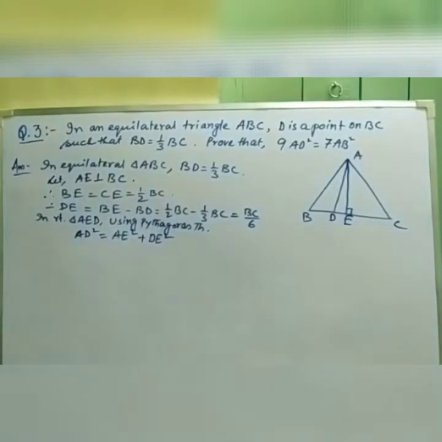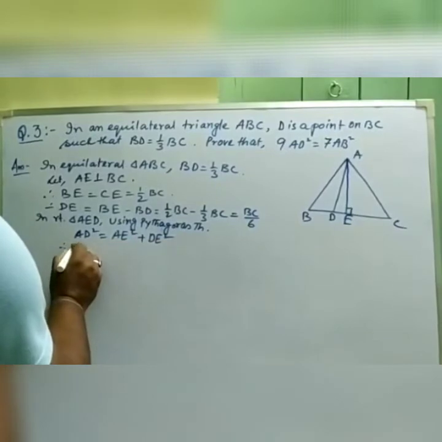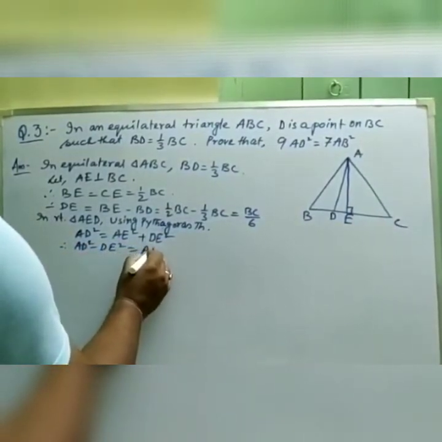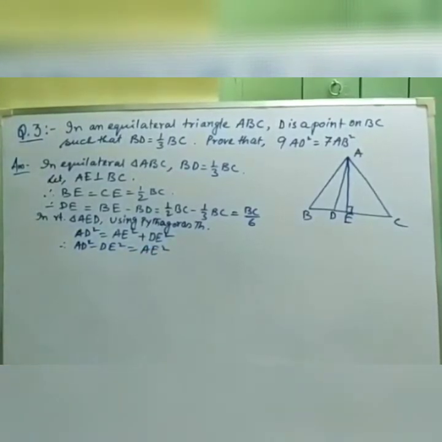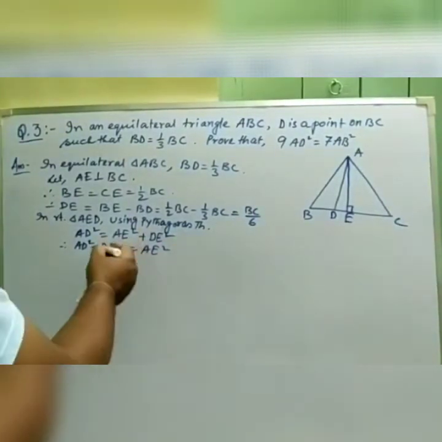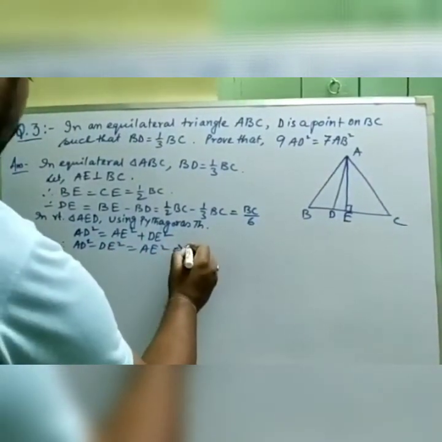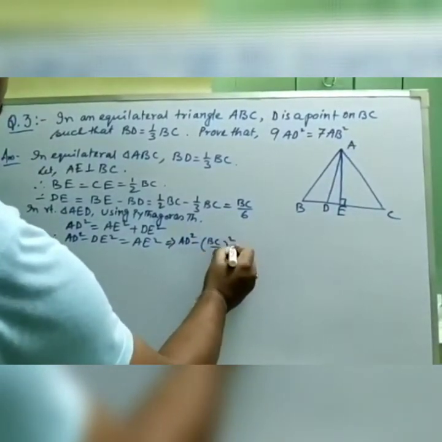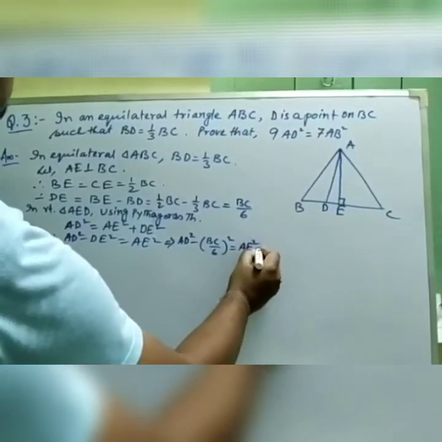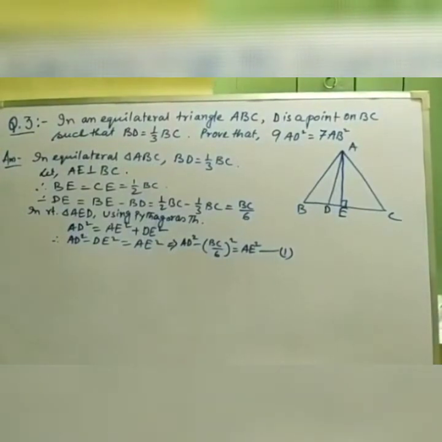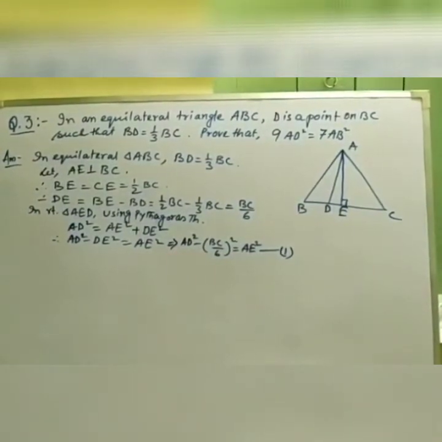Okay, now we can take DE square to the left, so we get AD square minus DE square equals AE square. We have that the value of DE is BC by 6, so we replace it here. So this will become AD square minus (BC by 6) whole square equals AE square, and that's condition 1 we have got from the right triangle AED.